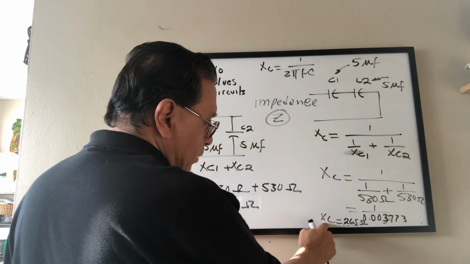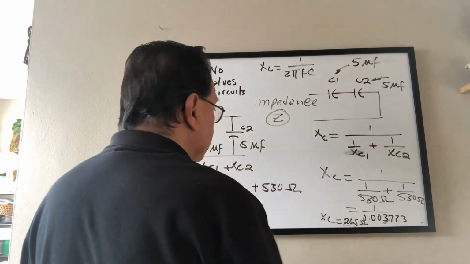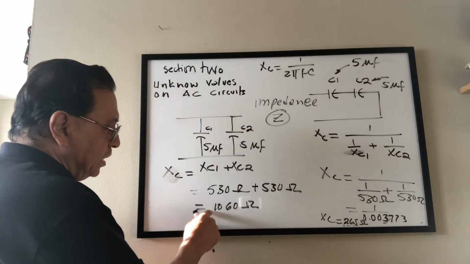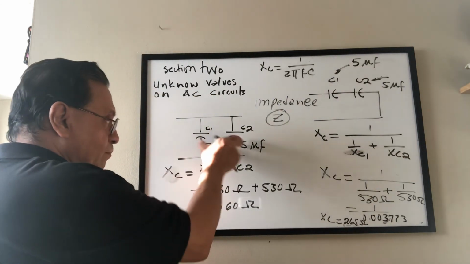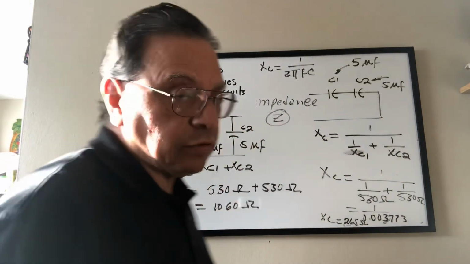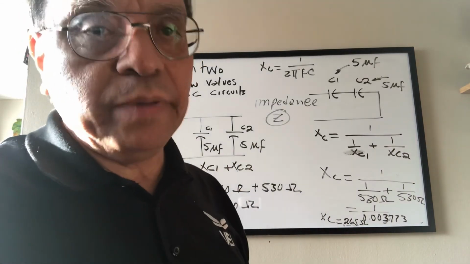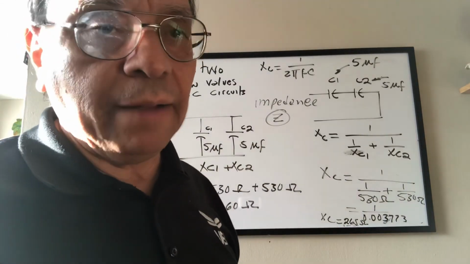So this is the total impedance presented by two capacitors in series, and this is the total impedance presented by two capacitors in parallel to the source. So we are talking about inductive impedance and capacitive impedance before we move on and apply Ohm's law.